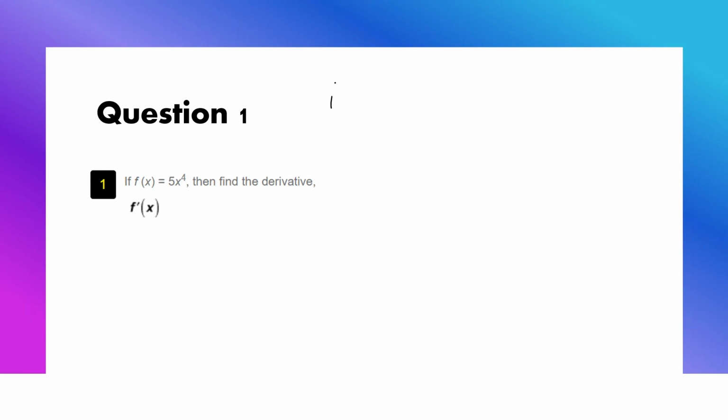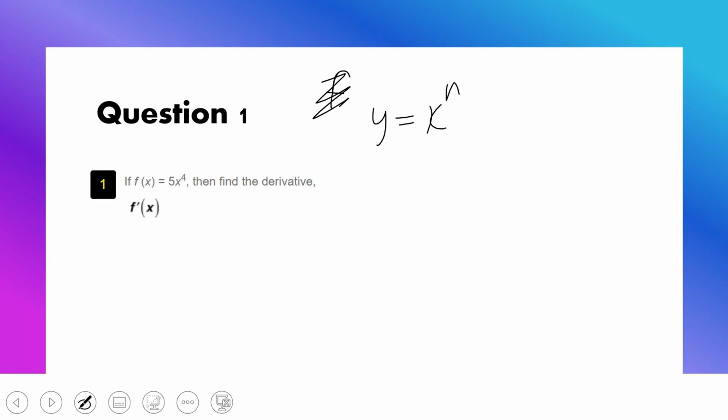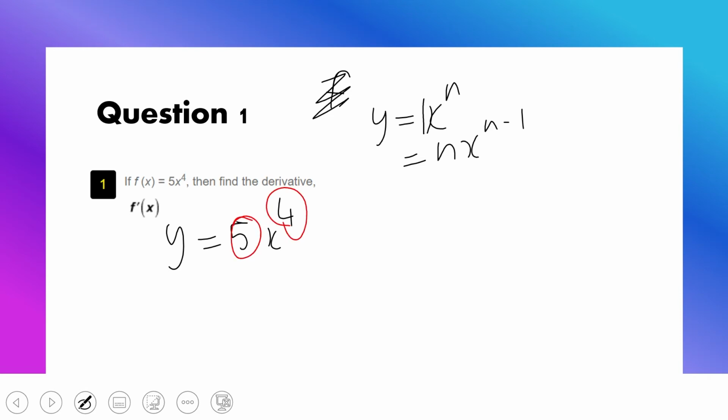So I have the power rule saying y equals x to the power of n, then the derivative is n times x to the power of n minus 1. So you have y equals 5x to the power of 4, and you basically multiply this number and this number, which gives 20. Quick math.